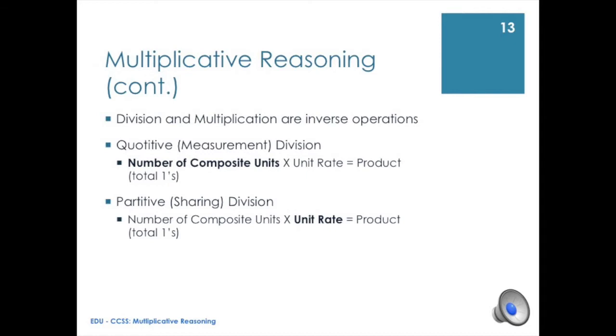Whereas in partitive or sharing division, you're not given how big the towers are, but what you do know is how many towers there are, or the number of composite units, and you know the total number of single cubes. And you're trying to find, if I have this many towers and I have this many cubes, then how big would the towers have to be in order for that to work?